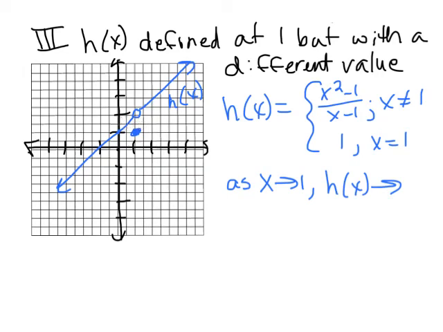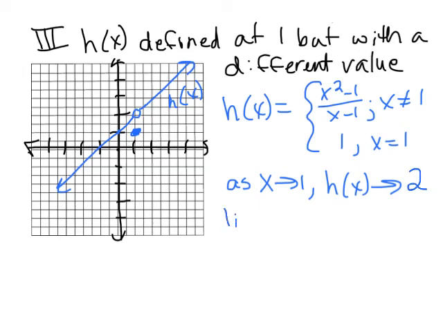So the limit is still what is happening really close. When x is really close to a value of 1, where is my function heading? And in this case, the function is heading to a value of 2. So as x approaches 1, h of x is still approaching 2.